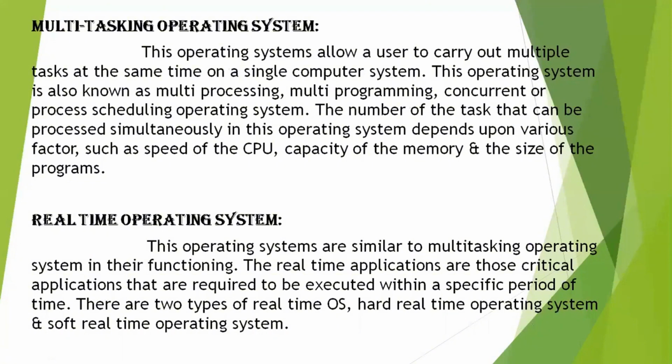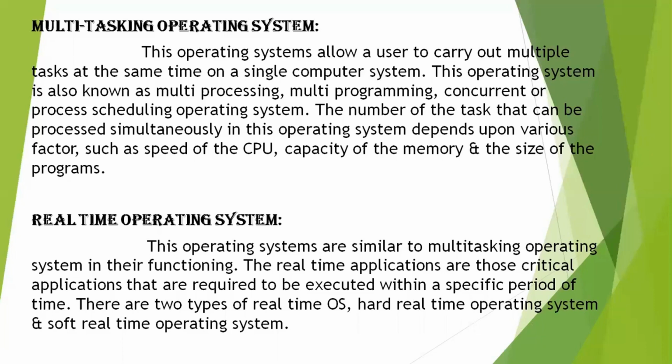This operating system is also known as multiprocessing, multiprogramming, or process scheduling operating system. The number of tasks that can be performed simultaneously depends on various factors such as the speed of the CPU, capacity of the memory, size of the program, and other factors.